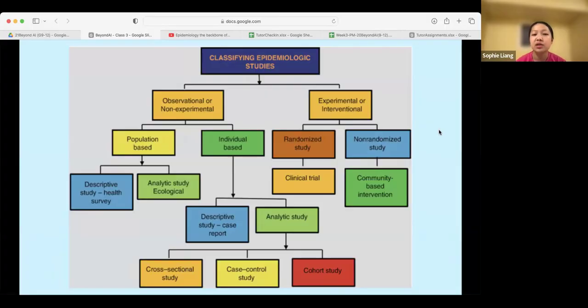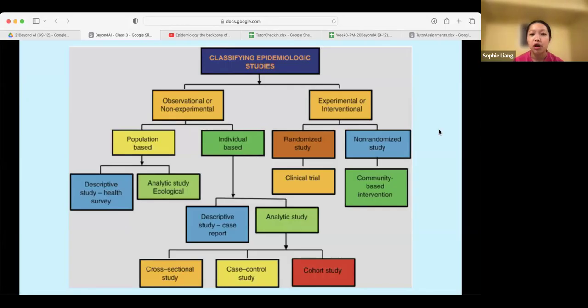Studies are just like experiments that scientists do to figure out some kind of health problem or a scientific problem. And this is one way you can categorize all the different studies. There are definitely other ways to categorize and sort studies, but this is just one way.